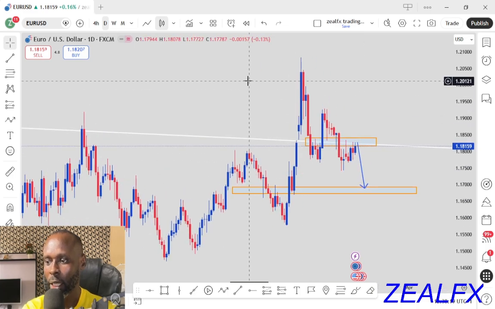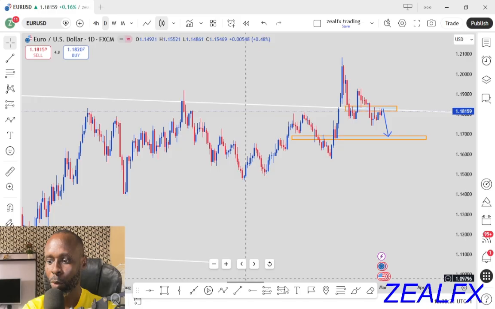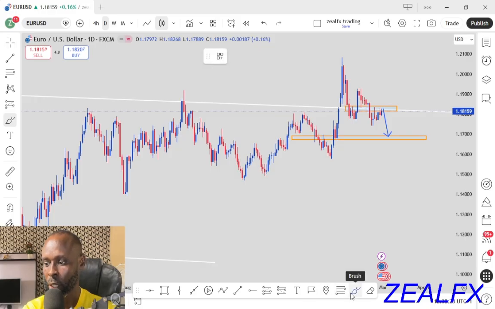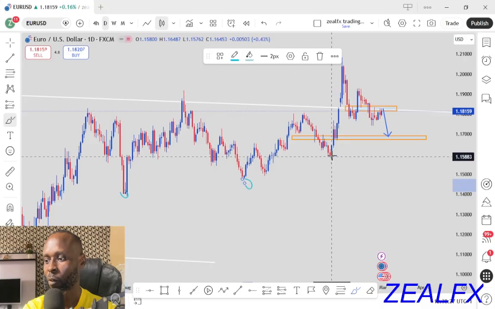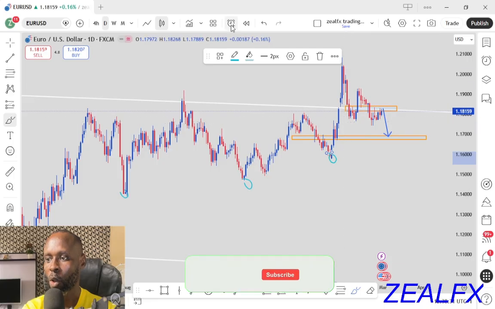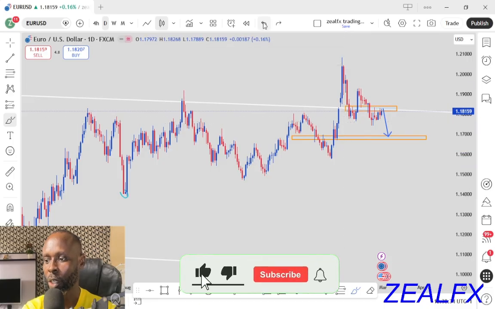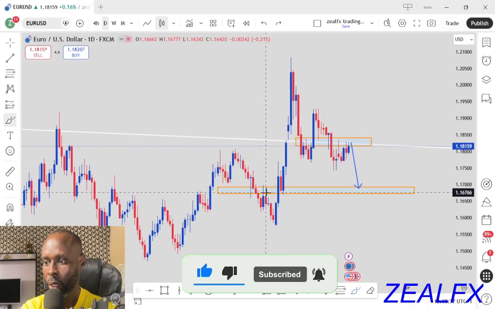On my daily chart, we still have this uptrend structure on the EURUSD, where we have this lower low and this series of higher lows. So this is an indication of price remaining bullish on the EURUSD. So this trend on EURUSD remains bullish. So what is the inner structure?